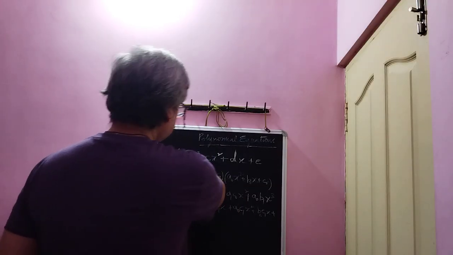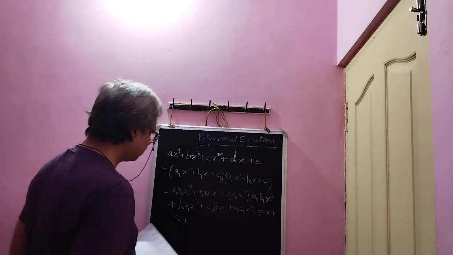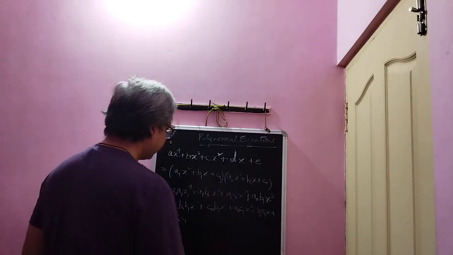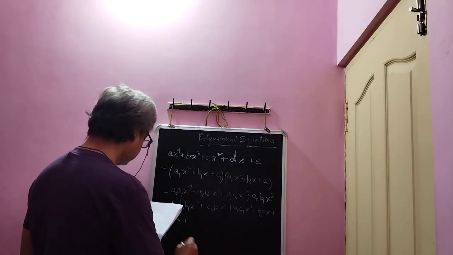So this is the left hand side, which has been expanded. If we collect and group all the like terms together, we will get this equation.